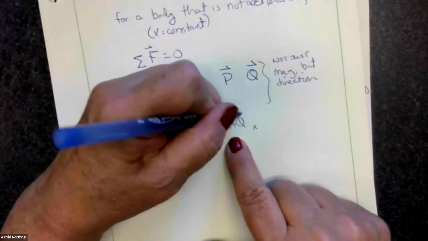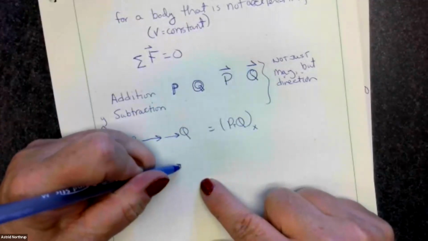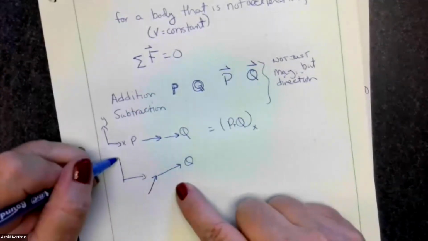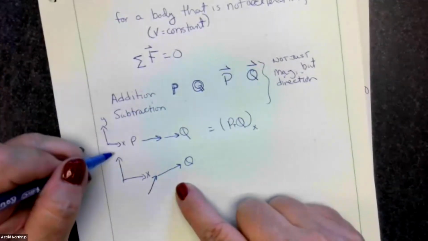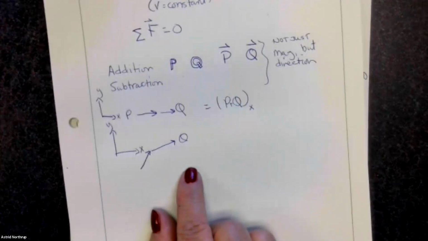Okay. So if, on the other hand, P looks like this and Q looks like this, we have to break it down into different coordinates. We have to look at the X piece and the Y piece, and then we have to add those together separately.